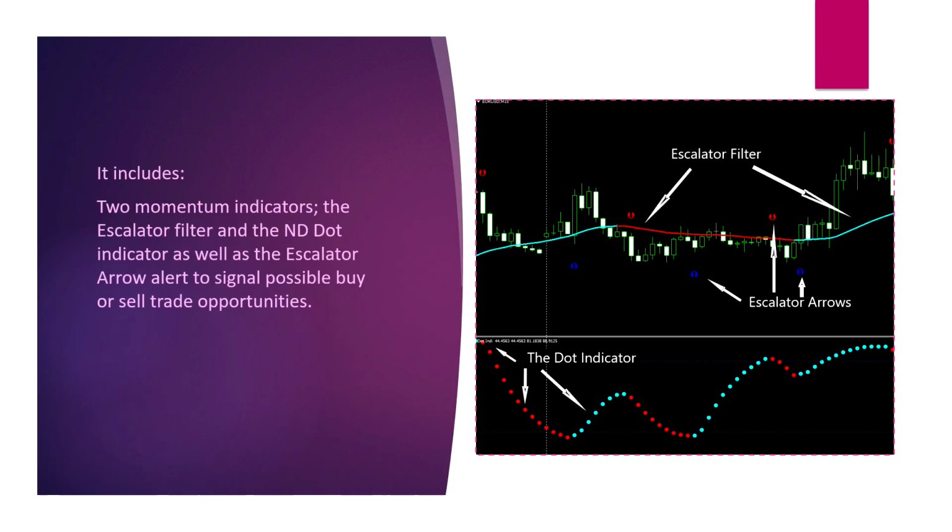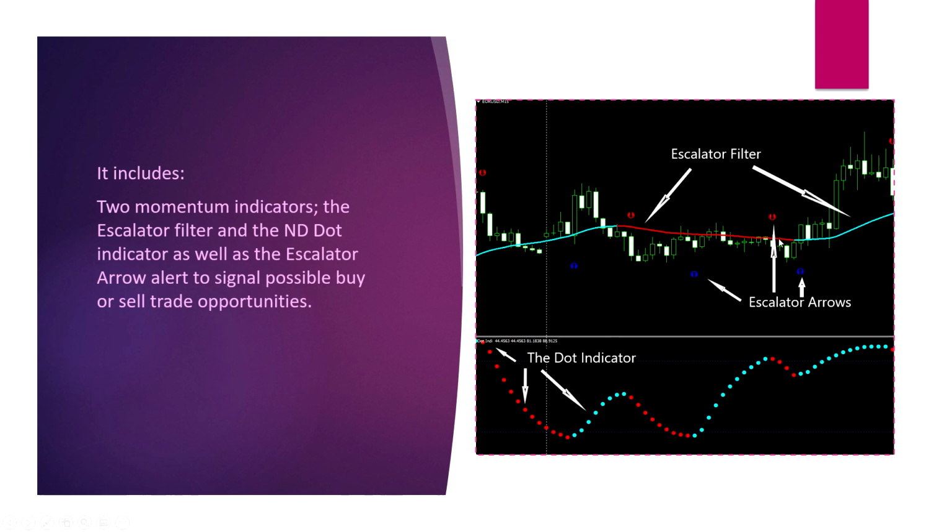It includes 2 momentum indicators, the escalator filter and the ND dot indicator, as well as the escalator arrow alert to signal possible buy or sell trade opportunities. As we can see over here, the blue and red arrows are the escalator arrow part, we have the escalator filter line, and we have the ND dot indicator.